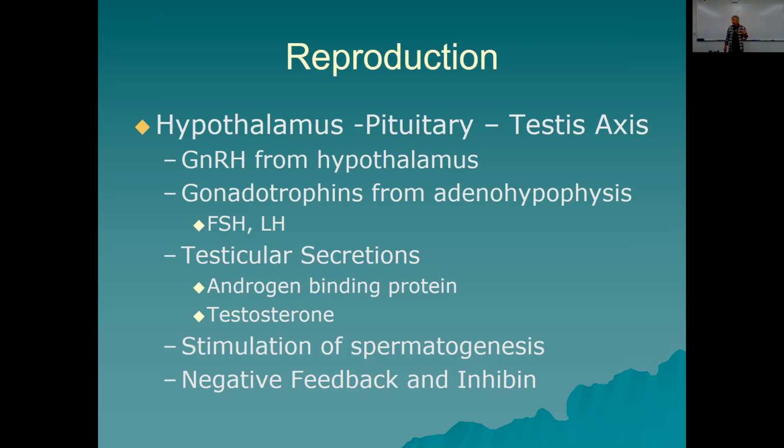And then the presence of testosterone is going to feed back upon the hypothalamus and anterior pituitary to turn off FSH and LH. And inhibin is going to do the same thing. It's an inhibitory hormone that's going to turn off the production of FSH and LH.